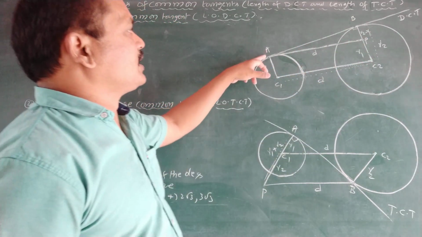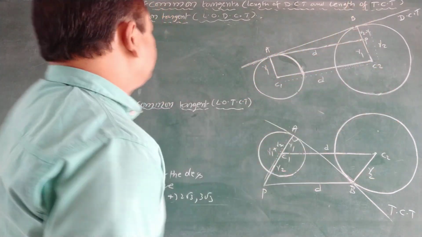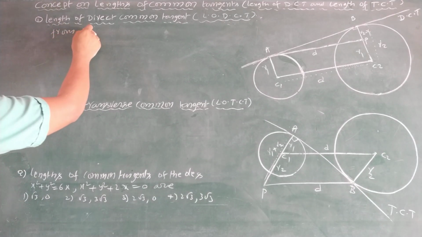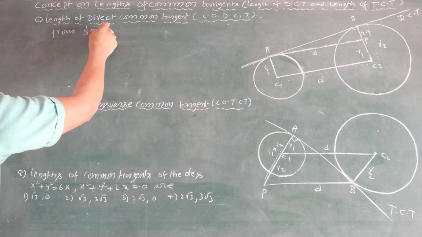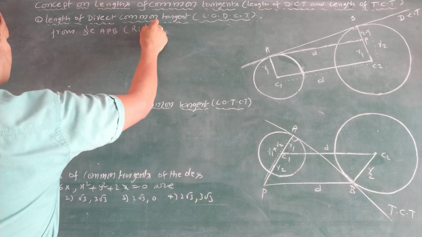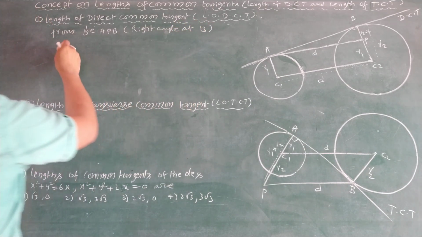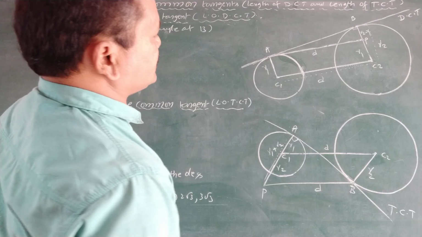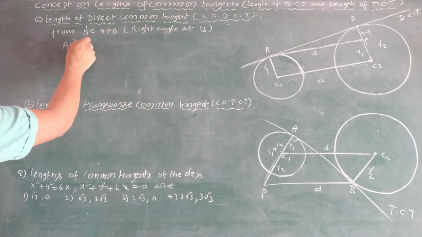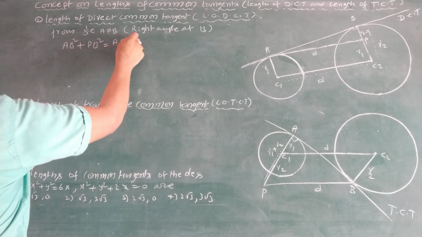Now observe APB is a right angle triangle, right angle at B. From triangle APB, right angle at B, according to the Pythagoras theorem, AB square plus PB square is equal to AP square.